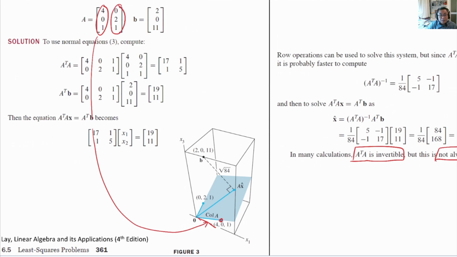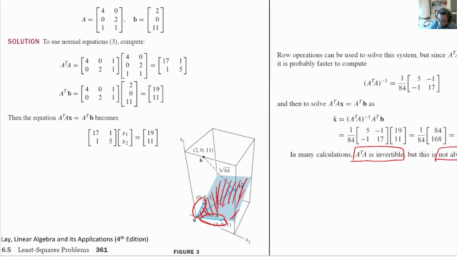The second column of A is here: 0 along coordinate x1, 2 along coordinate x2, and 1 along coordinate x3. Once we have drawn the first column and the second column, any linear combination of these two columns fills up this blue plane. This is the column space of A.